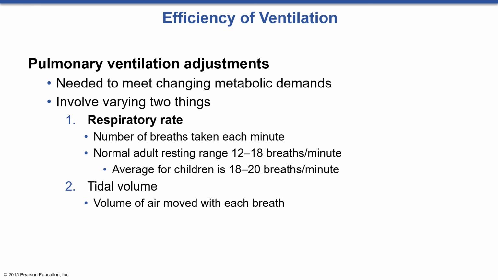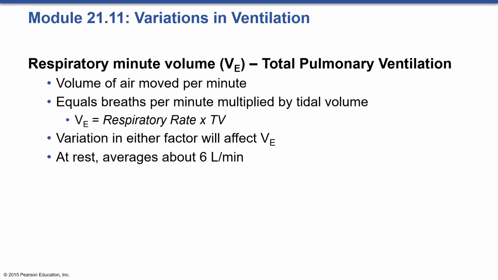We can increase or decrease the amount that we actually intake when we breathe, and we factor in respiratory rate together, and then we get our overall respiratory minute volume. Our respiratory minute volume is going to be the volume of air that we move per minute. This equals the breaths per minute multiplied by the tidal volume.